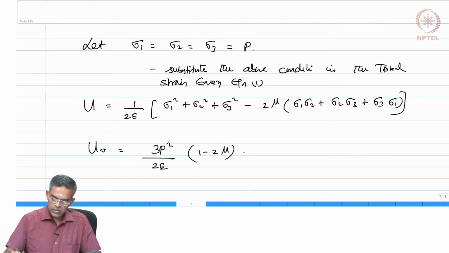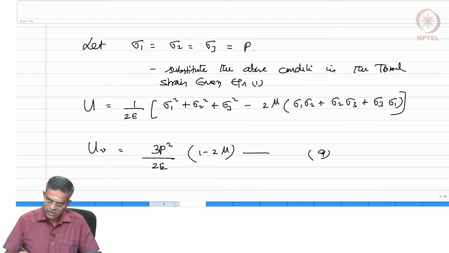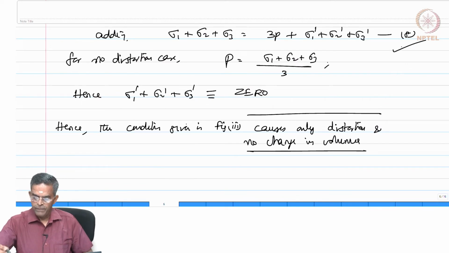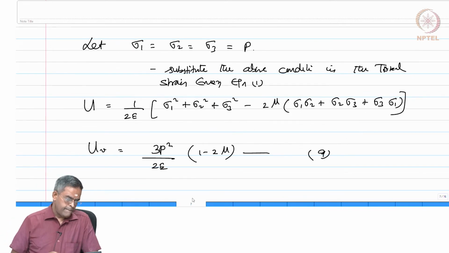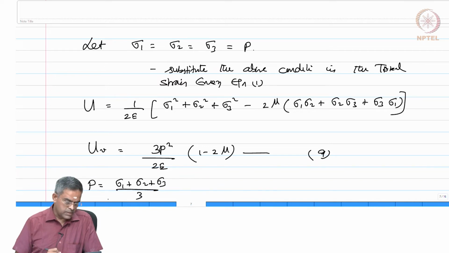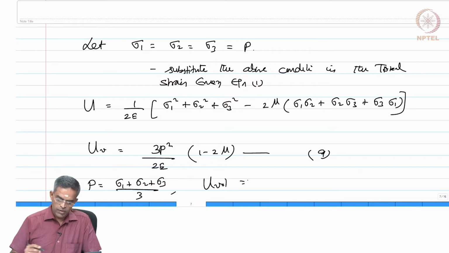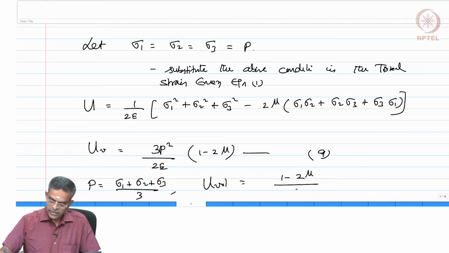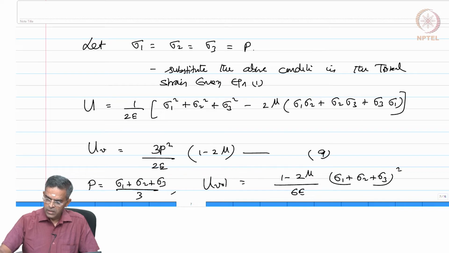We will call this equation 9 because 8 is somewhere here, I suppose. Since P is the sum expressed by this equation, U volumetric will now be (1 minus 2 mu) by 6E of (sigma 1 plus sigma 2 plus sigma 3) the whole square.